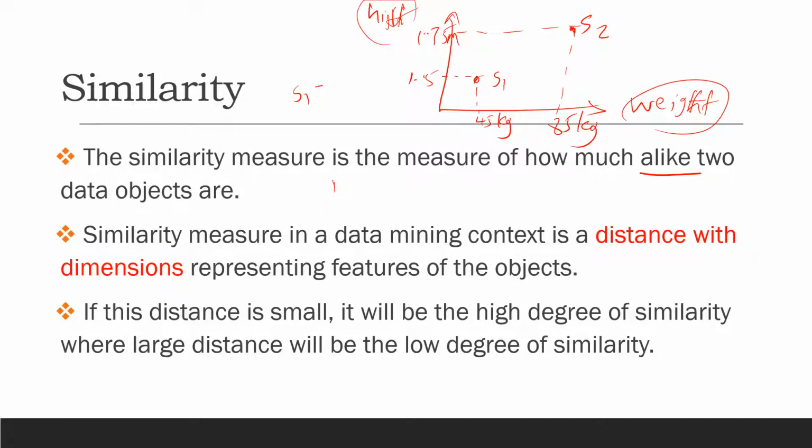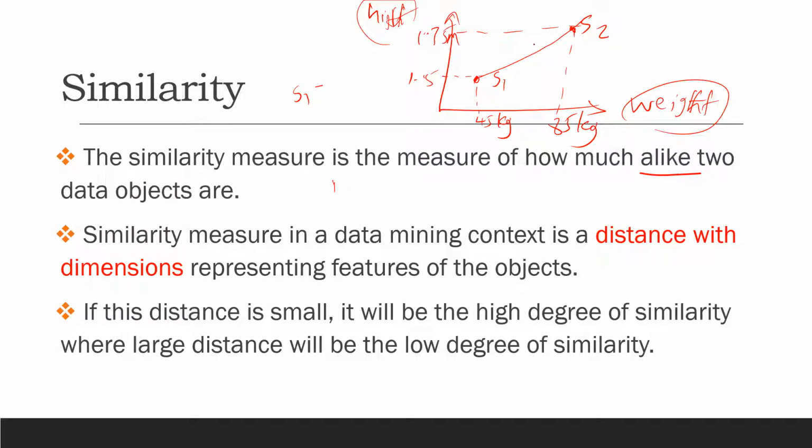Then we need to find this distance. This is called the similarity. What will happen when the distance is reduced? Let's say now this distance is 3 meters, and then this distance reduces. Are they more similar or less similar?